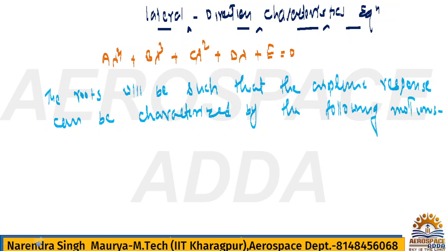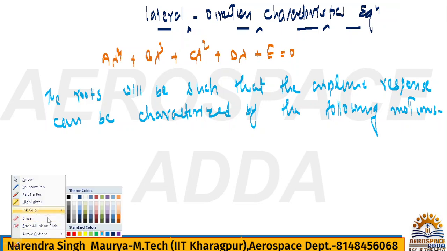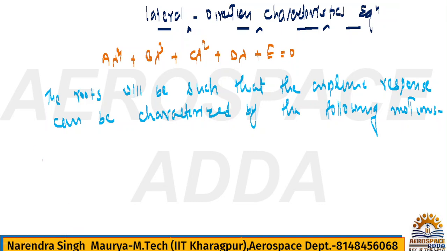See, we basically have three types of motion. Each and every one I will need to write here.